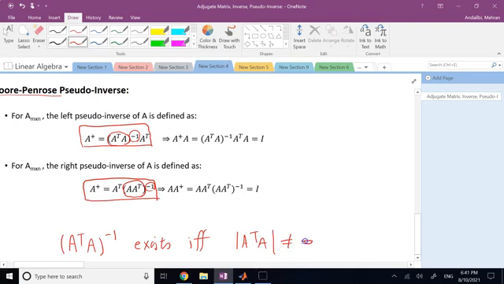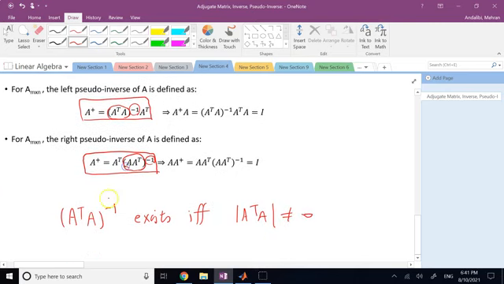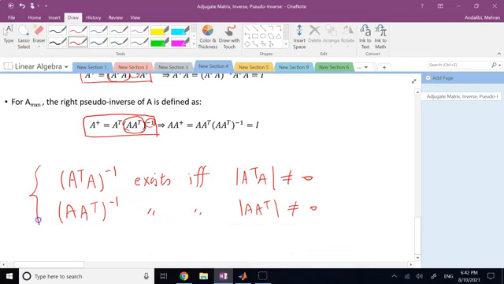Not equal to 0. Or the other one here, again, exists if the determinant of A transpose is not equal to 0. So the question is, now the fact that the determinant of the product of these two matrices is not equal to 0, what does it mean?